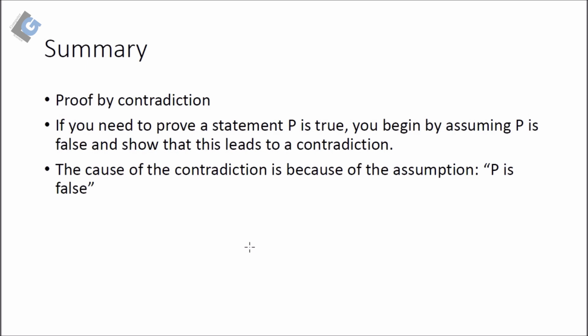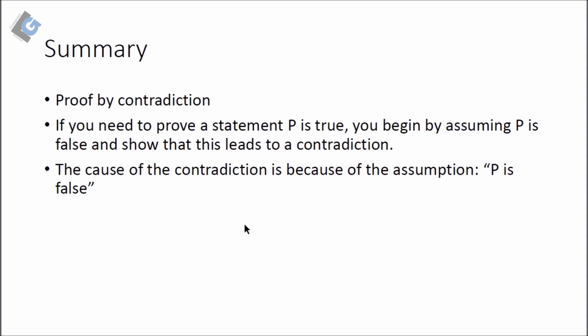If you need to prove a statement or proposition P is true, then you just assume the proposition P is false. Then show that this leads to a contradiction. The contradiction arises because of the assumption that P is false. So then you prove that P is true.